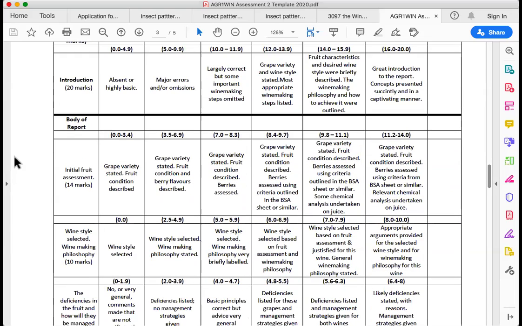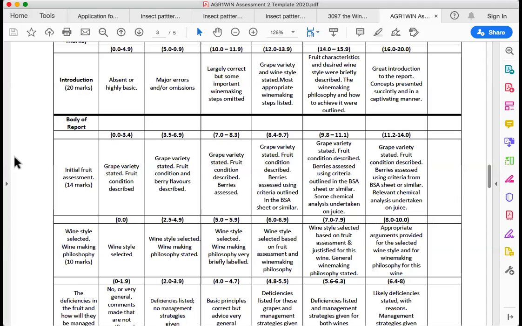Now, okay, so the next stage is the initial fruit assessment. Now, there's lots of scope for reflection here, because really we didn't have a substantial amount of time with that fruit. We didn't see it on the vine. So a lot of the assumptions you made about that initial fruit assessment will probably turn out to be wrong, I imagine.